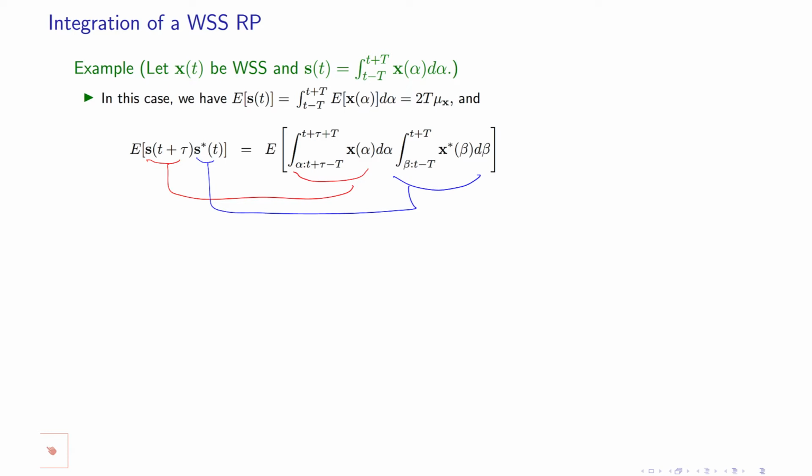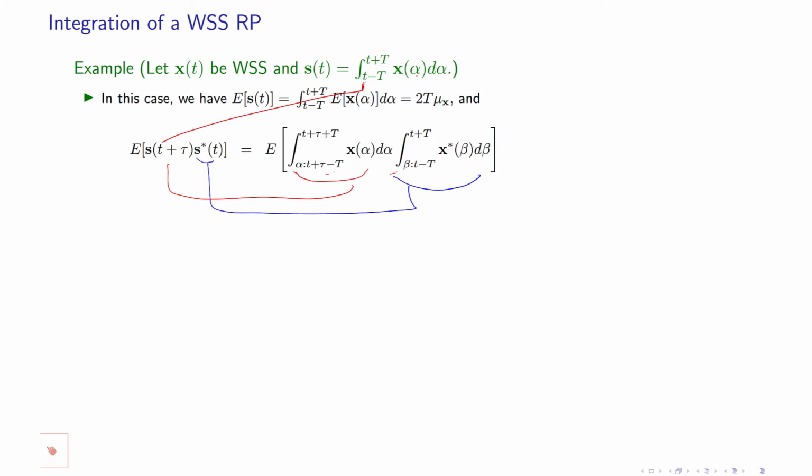I used two different dummy variables. I kept alpha for the first one, and here I replace t by t plus tau, because I have t plus tau for this one. For the second one, I just replaced the dummy variable alpha by beta, which I could, because I want to merge these two integrals.